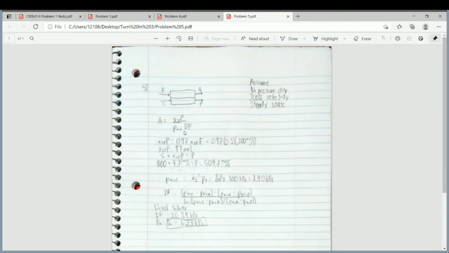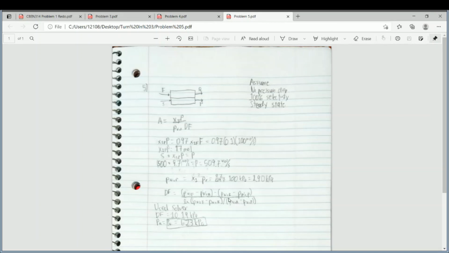You're going to have the area of your membrane, which was given to us, equals the flow of the nitrogen in the permeate over the partial pressure of the nitrogen in the permeate times the driving force. The driving force is down here. This is what we're going to use to find the pressure required up top.